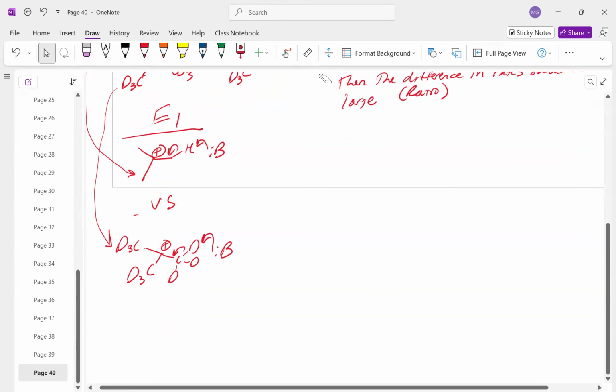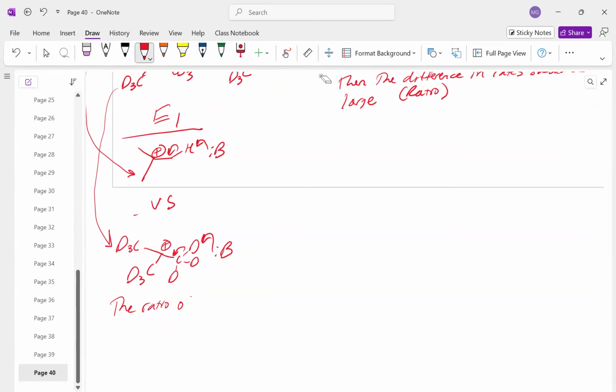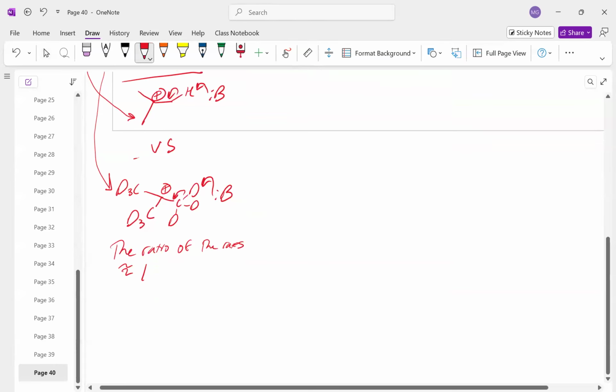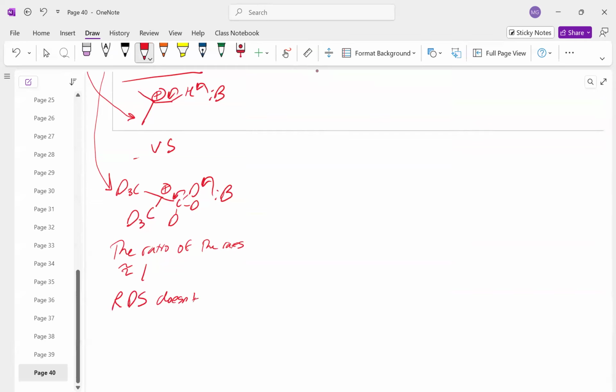What scientists noted is that in an E1, the ratio of the rates was almost 1. That means there was no difference in pulling off a hydrogen versus a deuterium. So they noticed that the rate determining step doesn't involve removing a hydrogen or deuterium.